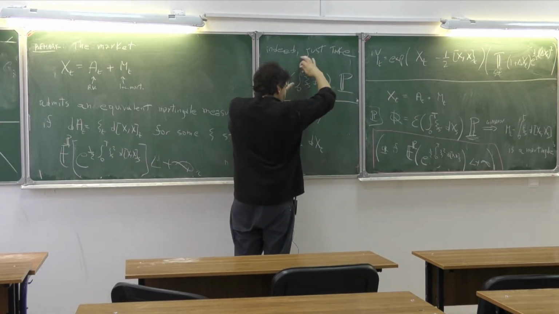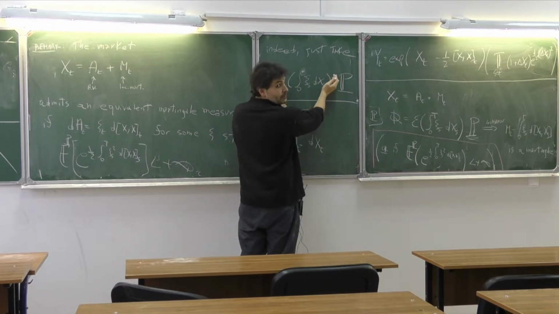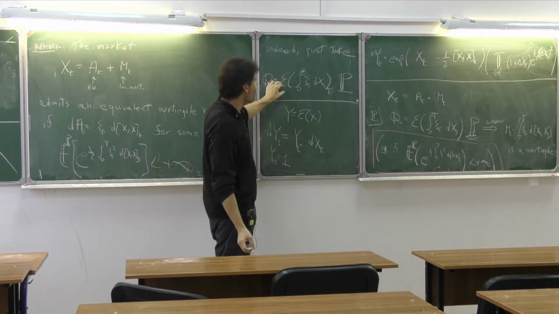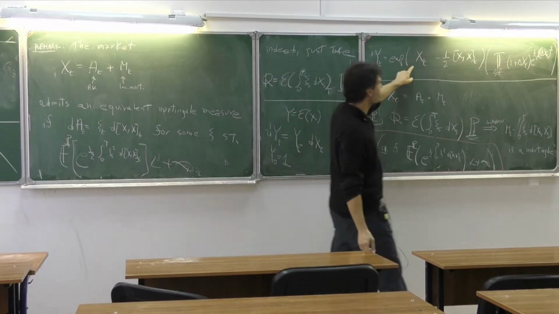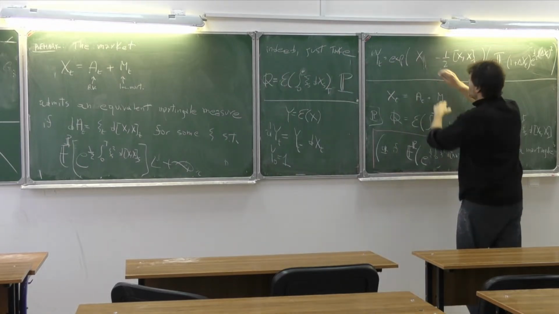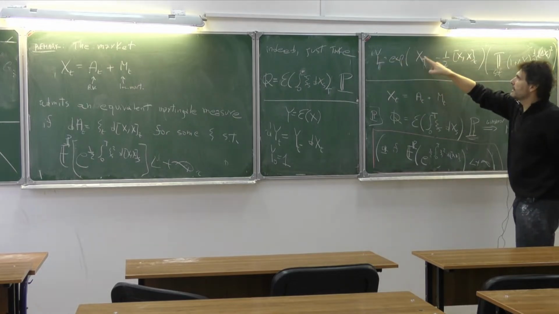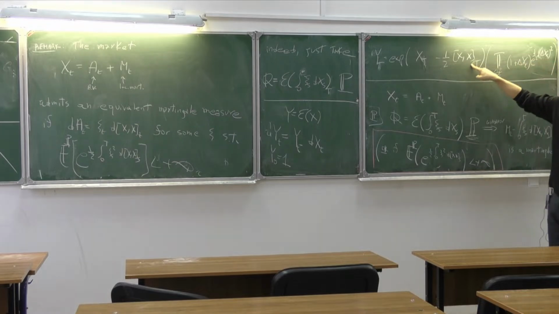If I give a process that is a martingale, you can make a new process, which is this exponential, and then compute it at time t. But this is not a function of x at time t. The quadratic variation depends on all the history of x up to time t.